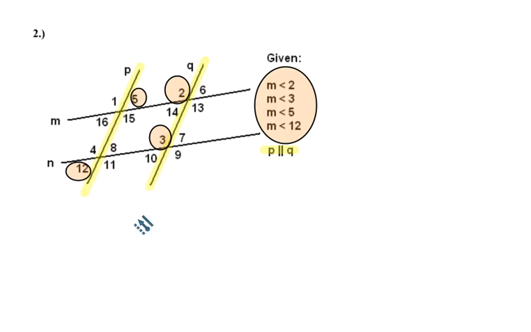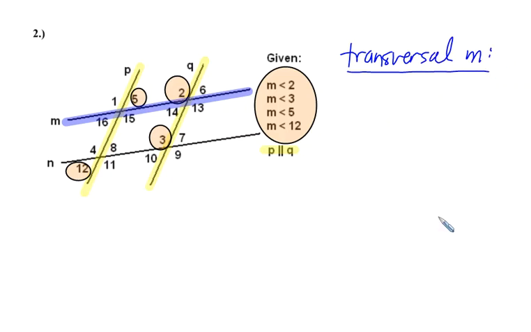In order to do that, we just look one transversal at a time. So let's begin by looking at transversal M. Please specifically write it out on any quiz, assignment, or test that we are considering transversal M. The two angles involved with transversal M in this setup are angles 5 and 2.